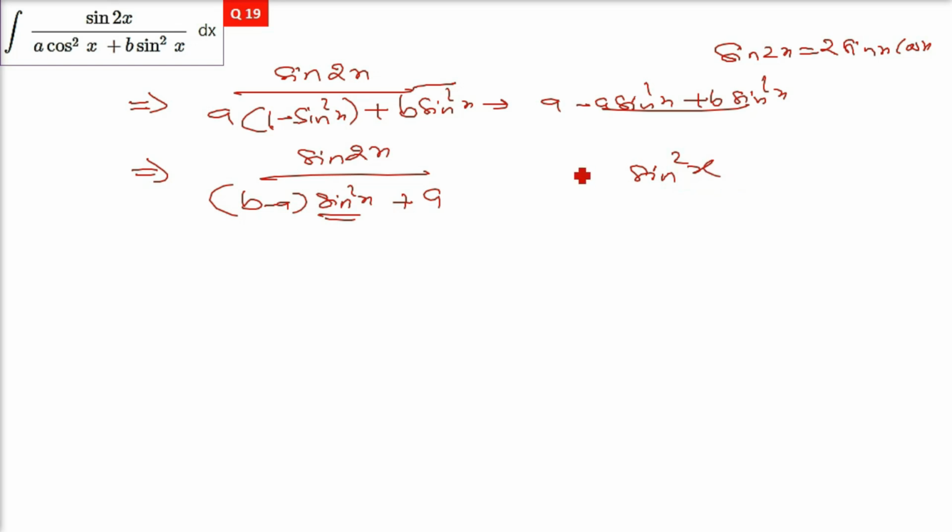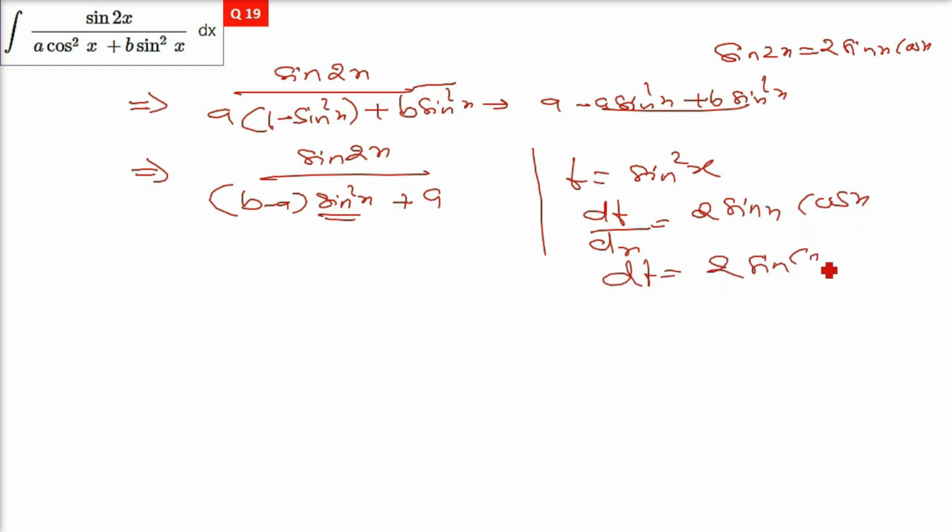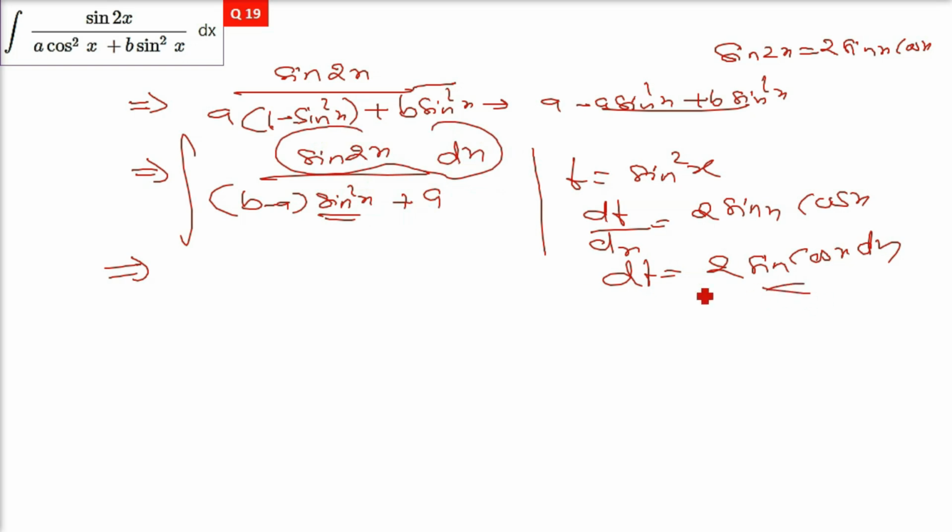Now let us take sin square x as t. You see what will happen. dt by dx will be 2 will come in front, sin x, then differentiation of sin x will be cos x. So dt will be 2 sin x cos x dx, which is basically sin 2x dx only. So this sin 2x is nothing but 2 sin x cos x, this whole is already dt.